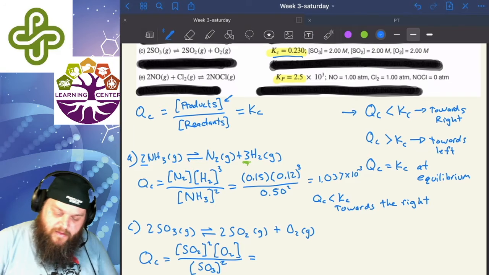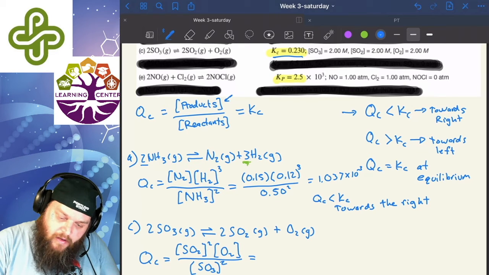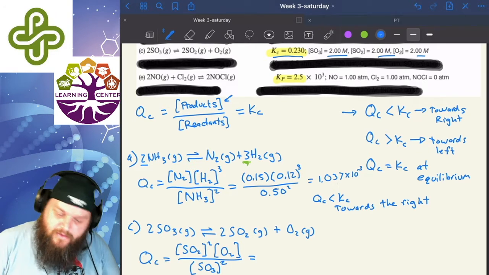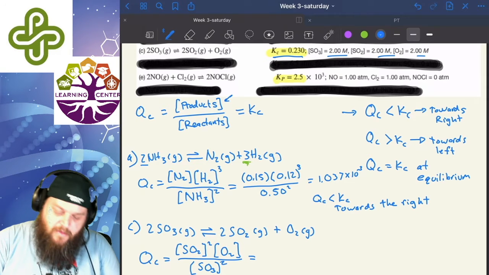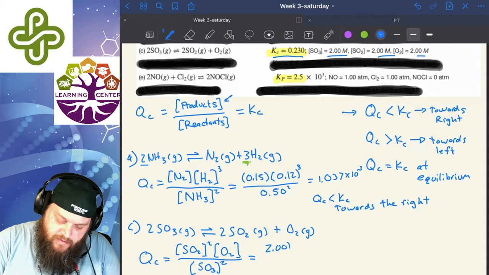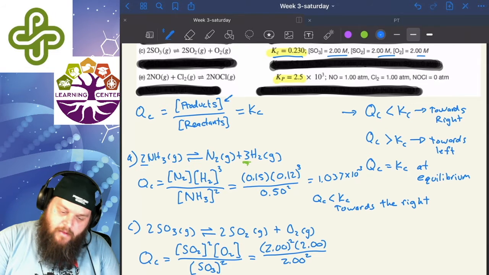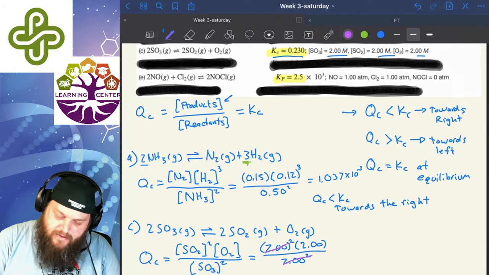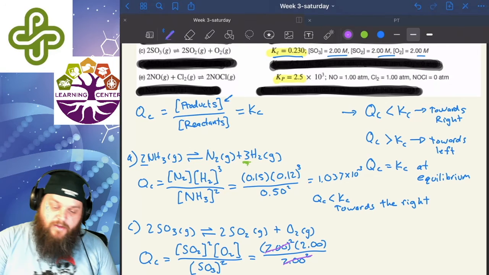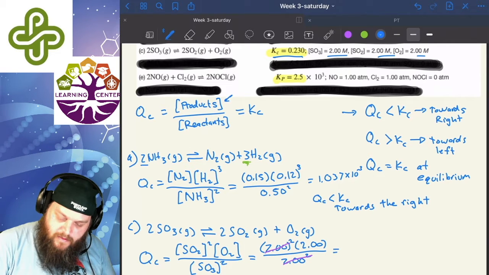Taking our concentrations that are given, it's 2 molar each. So this is really 2.00 squared times 2.00 divided by 2.00 squared. Mathematically, we can see that this and this is just going to cancel, leaving us with 2. So this has a value of 2.00.